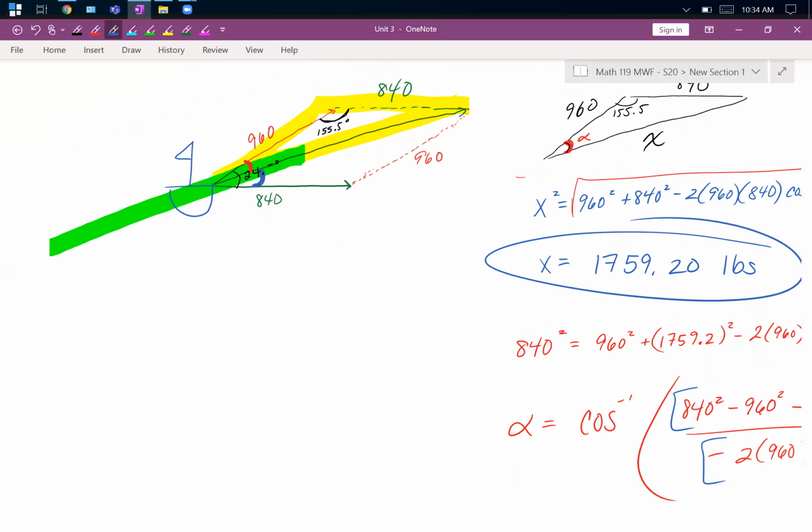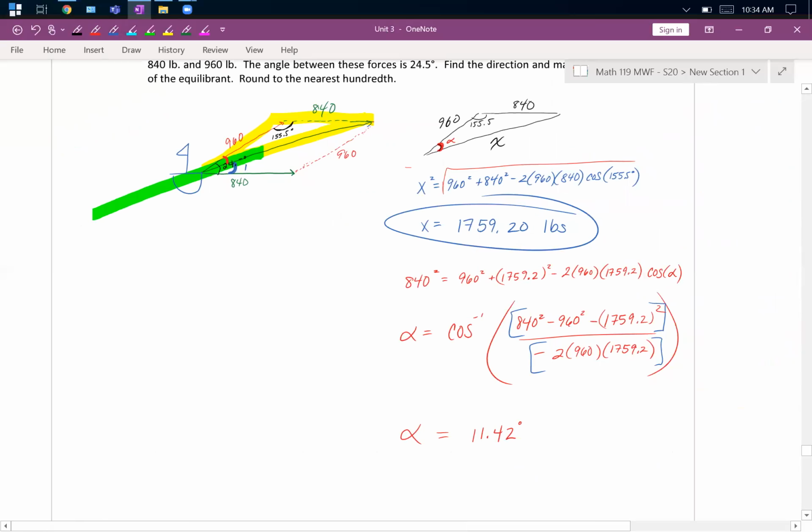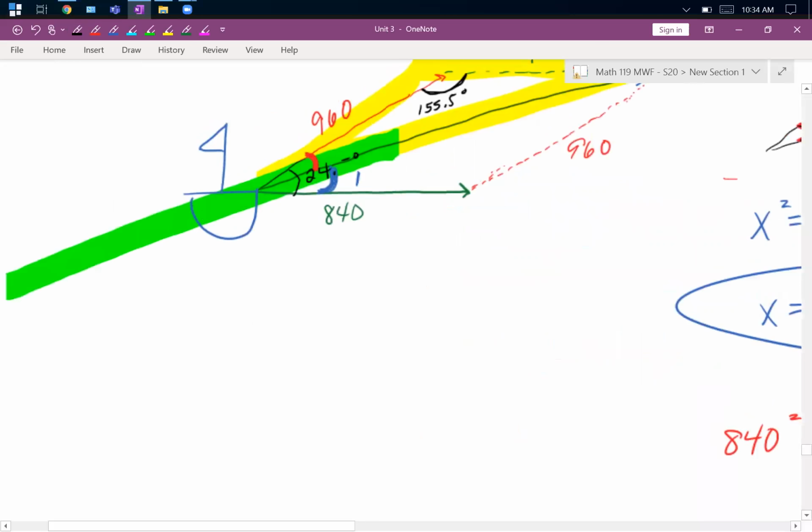We just need to do 24.5 minus 11.42. I got 13.08.